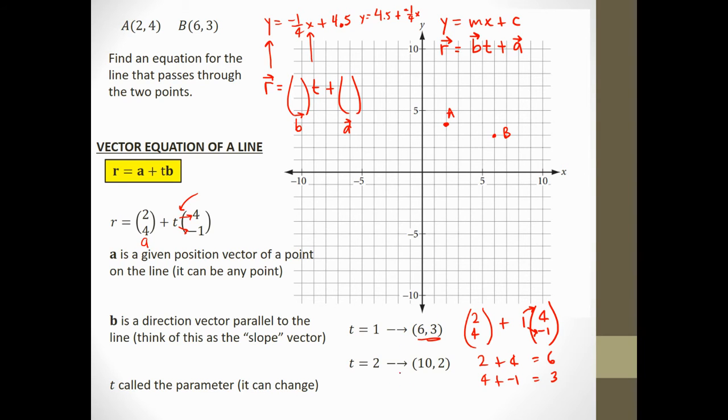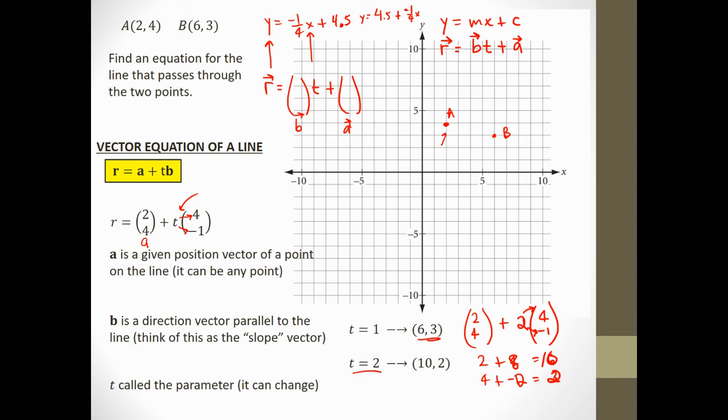We can do 10, 2. When t equals 2, so change this 1 to a 2, and now we have 2 plus 8, which is 10, and 4 plus negative 2, which is positive 2. And then we have another point that's on the line. Oh, sorry, this one was not 6, 3.